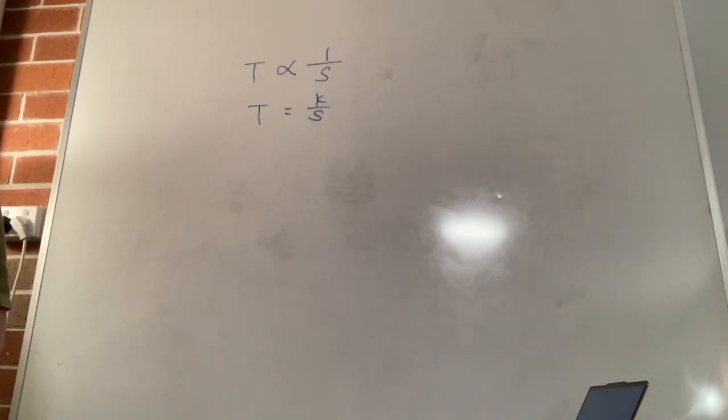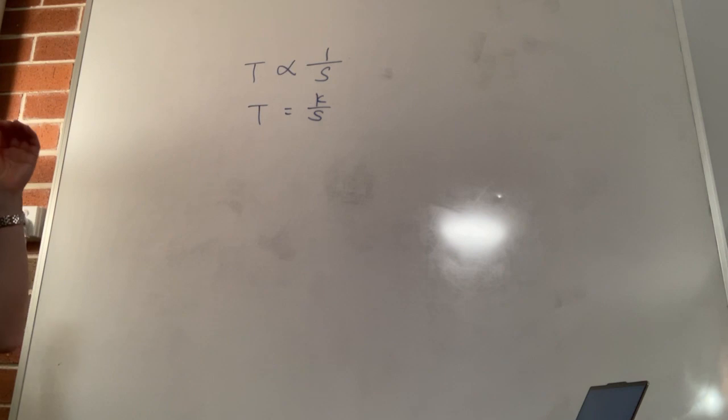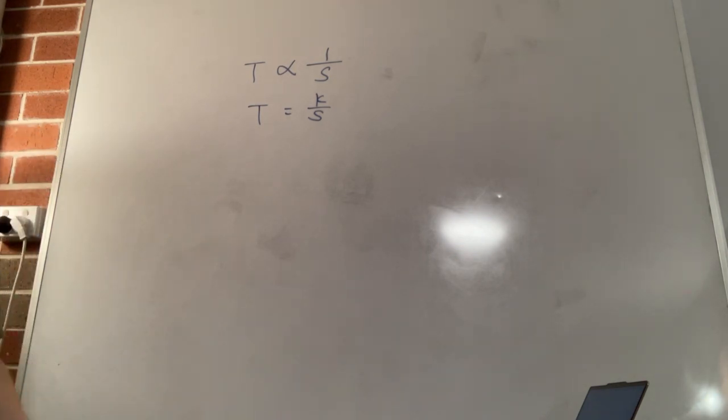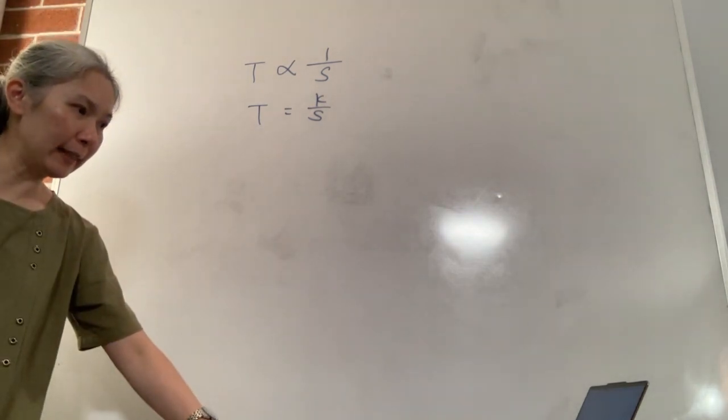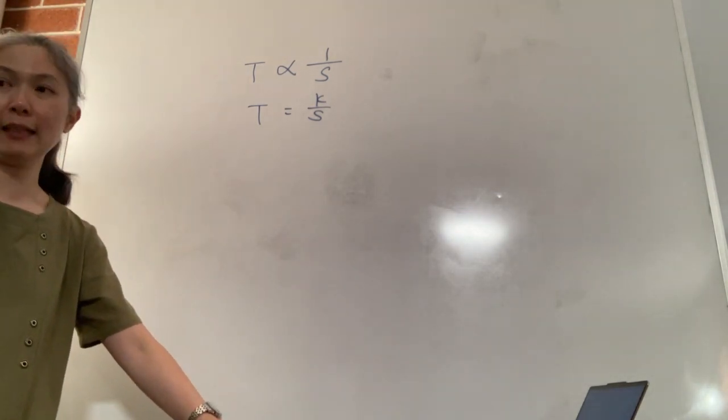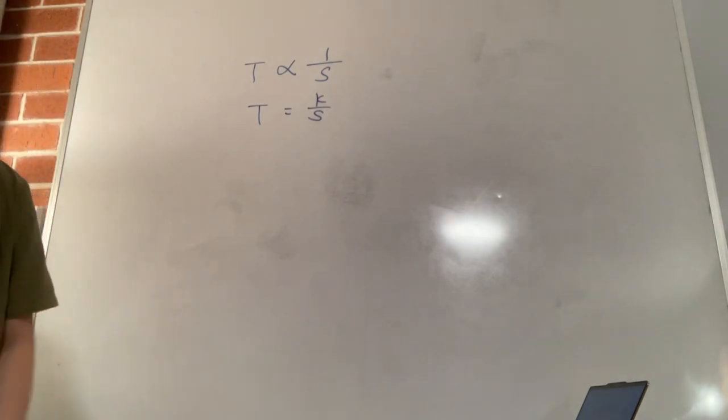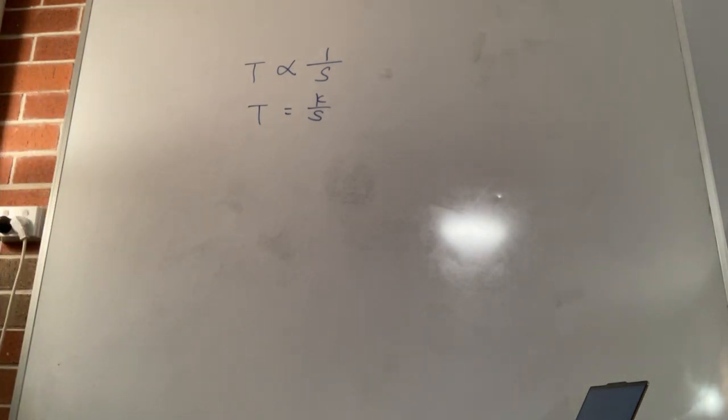Step 1 done. Step 2, find a pair of numbers and put them in. Would you do the 5 hours and the 80? Yeah, 5 hours and the 80. Put that in, then you're able to find out the K. Good.